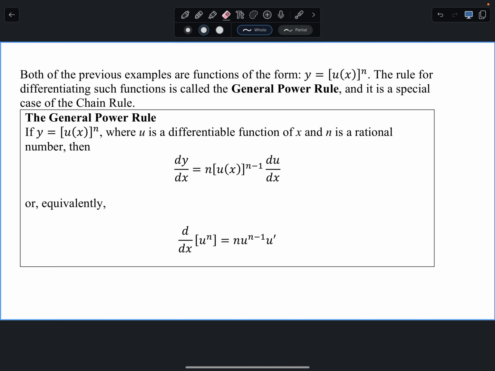But when you're just differentiating a function like that, you don't want to be thinking chain rule. It takes more mental power than just straight power rule.